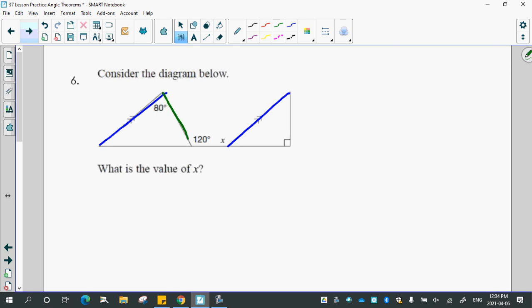So here are my parallel lines now, this one and this one, and the green one is my transversal. Does that help me with anything? So where could I put the 80 degrees, in other words?